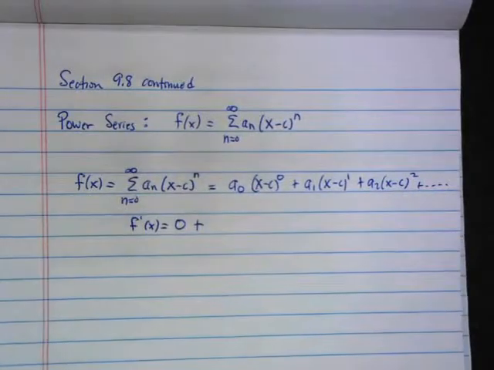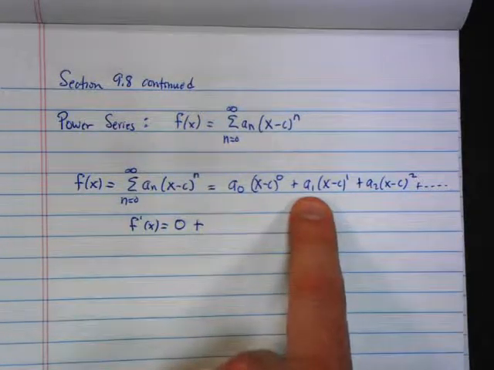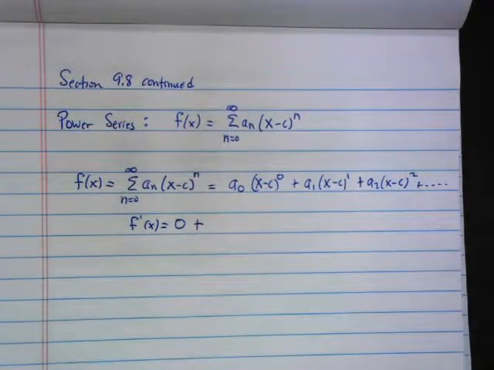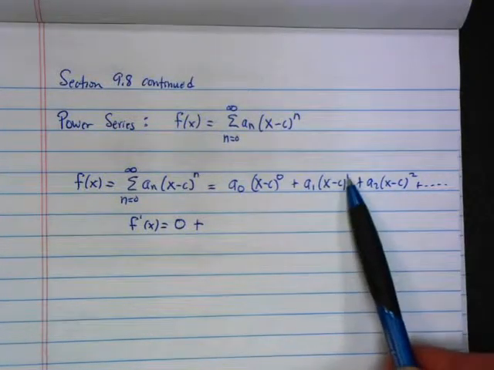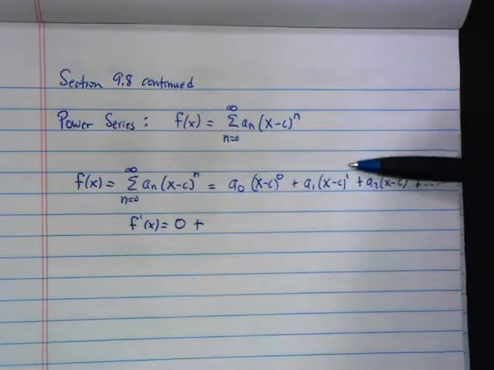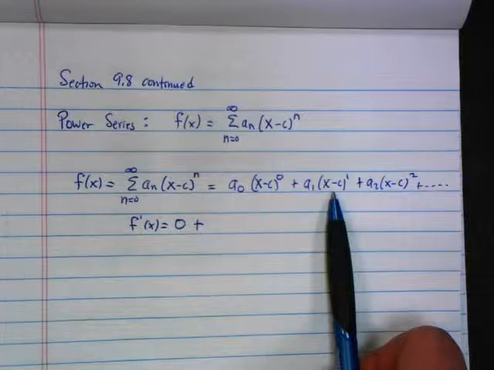Plus, what's the derivative of a sub 1 times x minus c to the first? X minus c, you're getting closer. X minus c to what power? To the 0. Why 0? Drop the power down, subtract 1. You bring the 1 down, you subtract 1 from your power, and then you take the derivative of the inside, but the derivative of the inside is just 1.